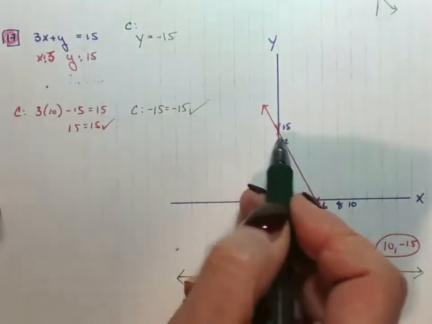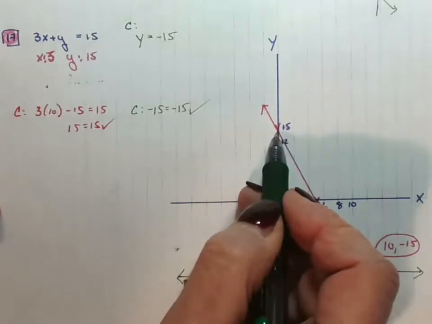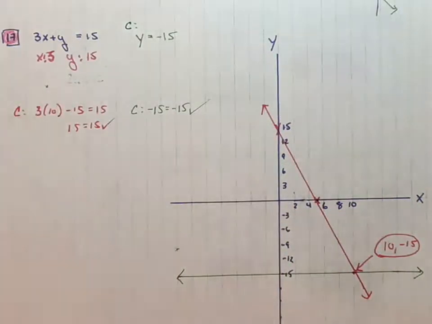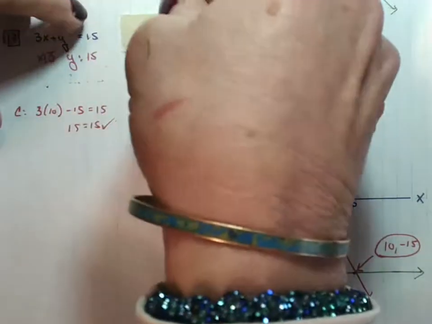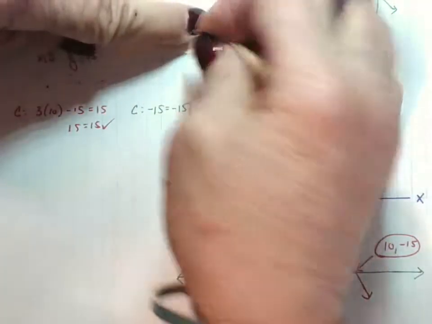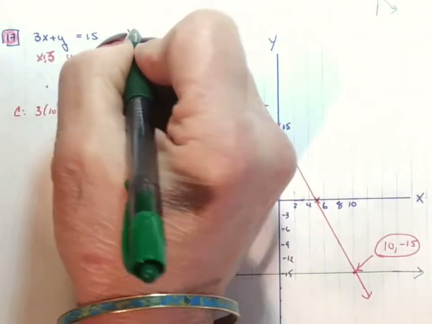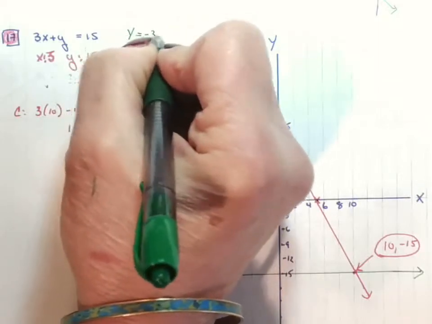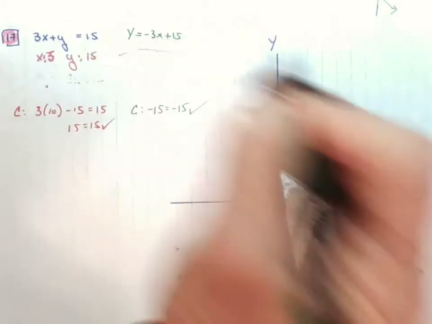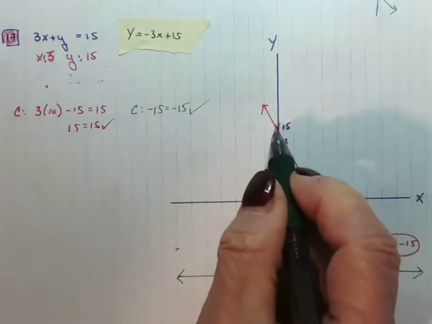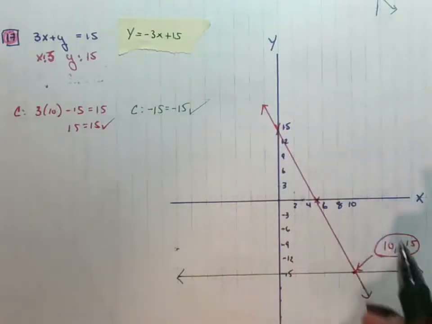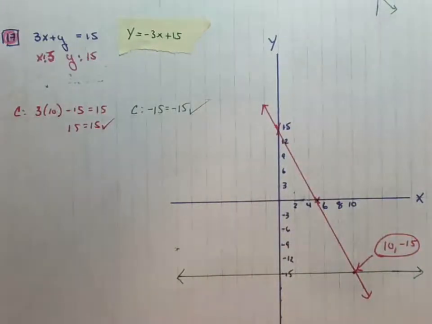The y-intercept is 15. If you put it into y equals mx plus b, you should have y equals negative 3x plus 15. Okay, so there's the y-intercept, down 3 over 1. That's how you graph this line.